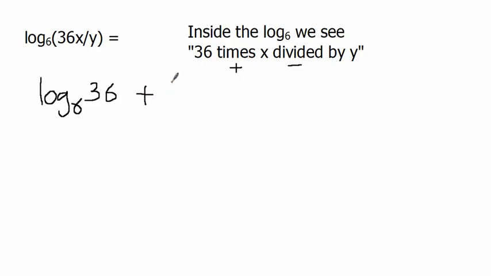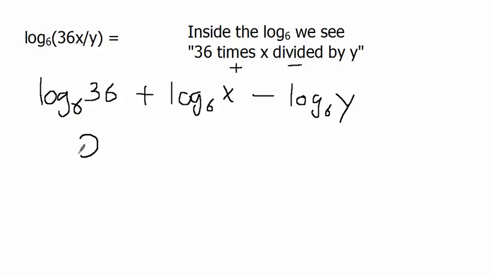Times is plus. The division is minus. So what number, 6 to what power gets us 36? This becomes 2. None of the others will change.